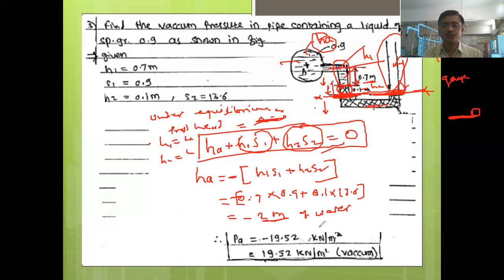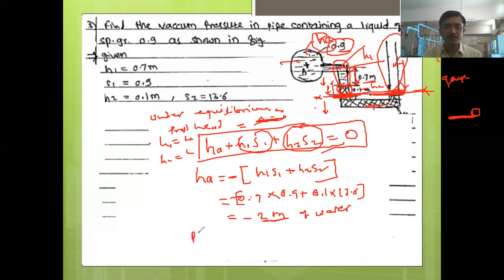See here, you may make a mistake in the examination. You might be thinking that the liquid present over here is oil having specific gravity 0.9, so we should multiply the pressure head by the weight density of that liquid. But here we are finding this pressure head in terms of meter of water. So when we are finding the pressure intensity by using this pressure head, we multiply it by the weight density of water.